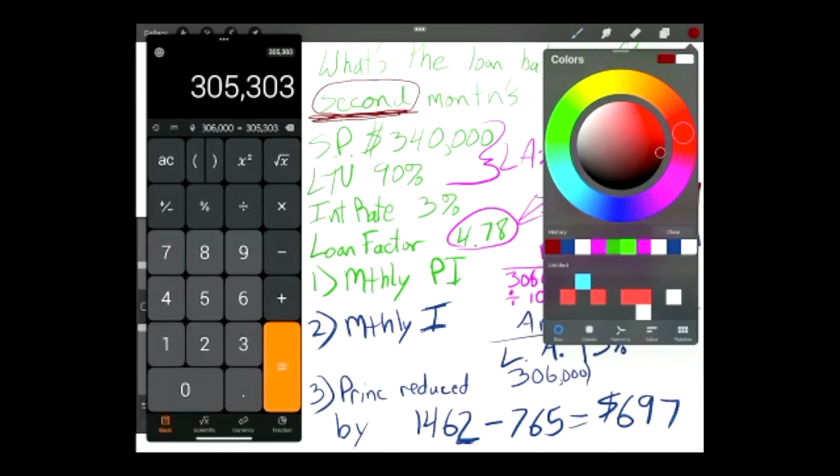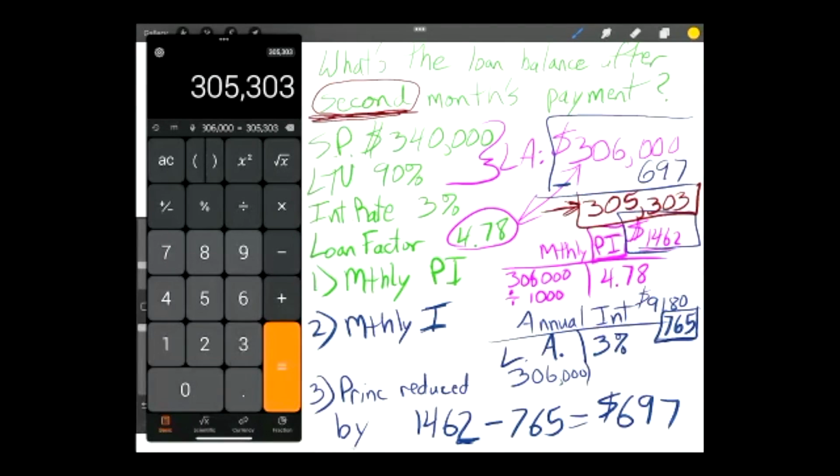So let me pick a new color. And we're going to go back through all of these same steps. Instead of 306, we're going to use 305,303. I'm going to divide that by 1,000. Oh, already had it in there. We're going to multiply that by the same loan factor because, hang on a second.